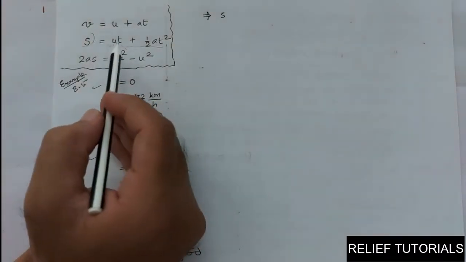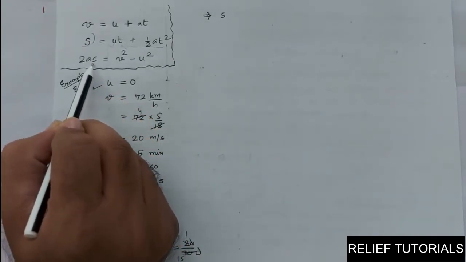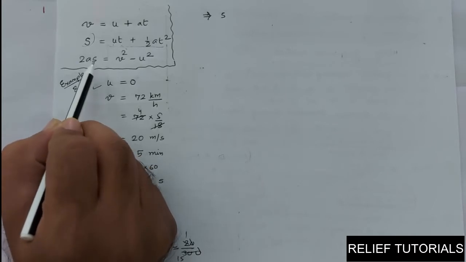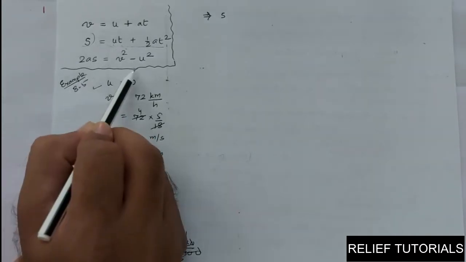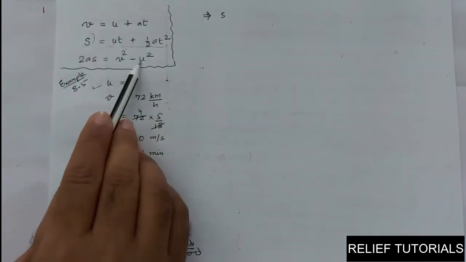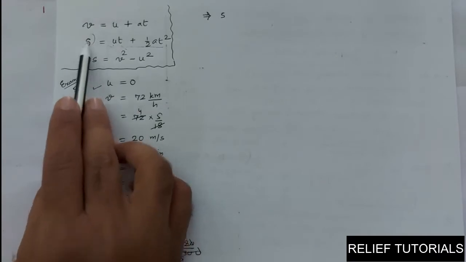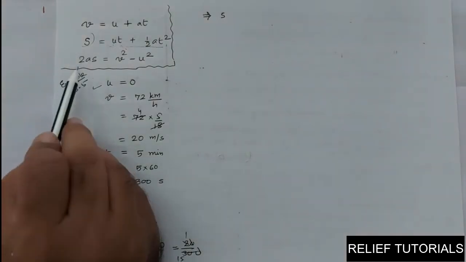So you can use this formula. Another formula associated with S is S is equal to v square minus u square by 2a. You have v, you have u, you have a. So out of these two, any one of the formulas you can use. So let us use the last one.